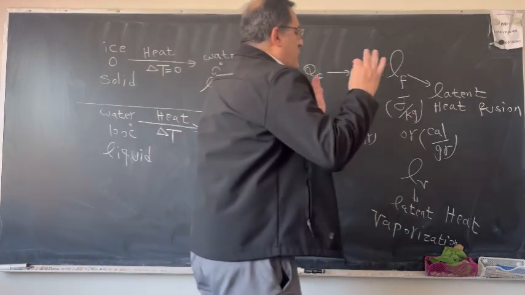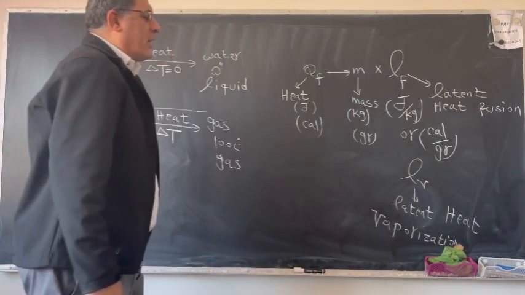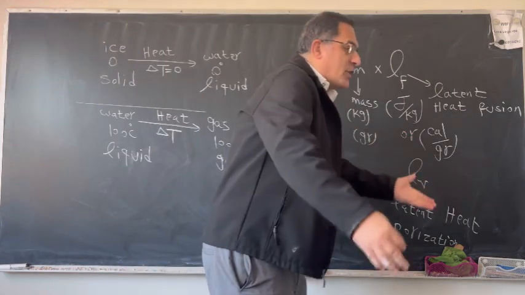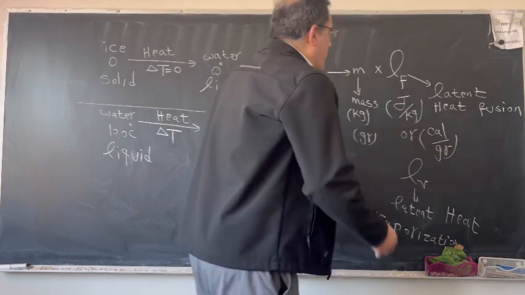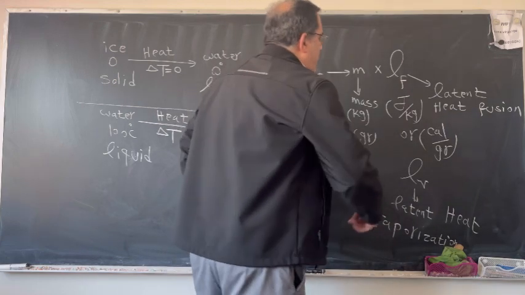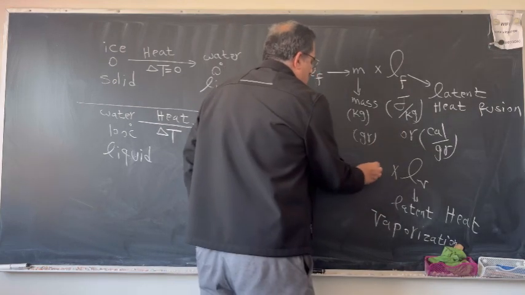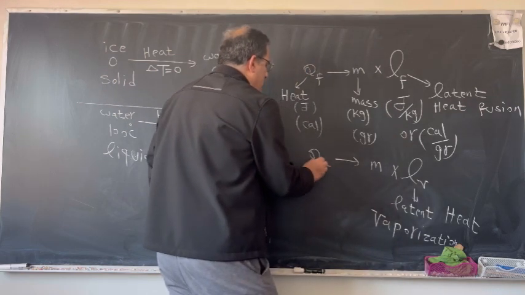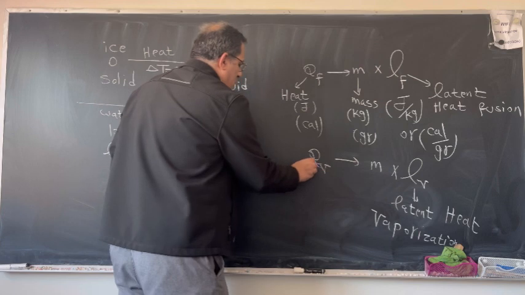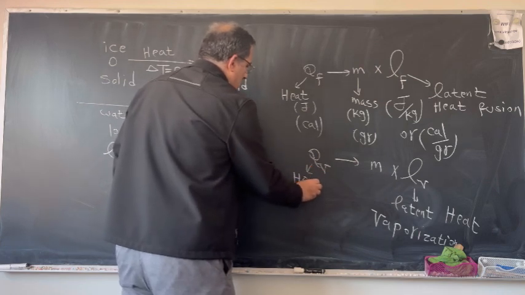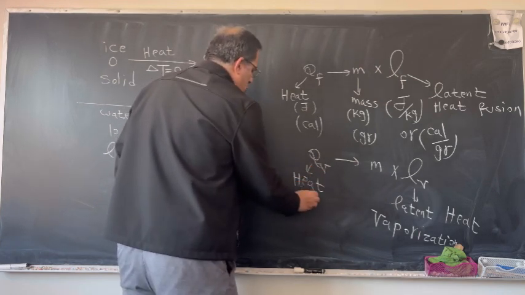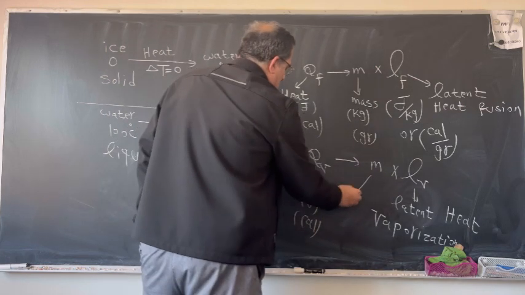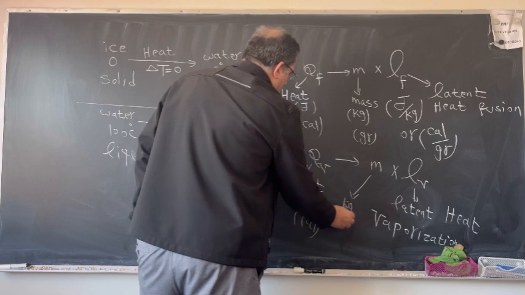Here you have 1 kilogram of water at 100 degrees, or 1 gram of water at 100 degrees, and you give heat. If instead of 1 kilogram you have 6 kilograms of water, you multiply by the mass. How much is QV? This is heat. The unit of heat is joules or calories. The unit of mass is kilograms or grams.